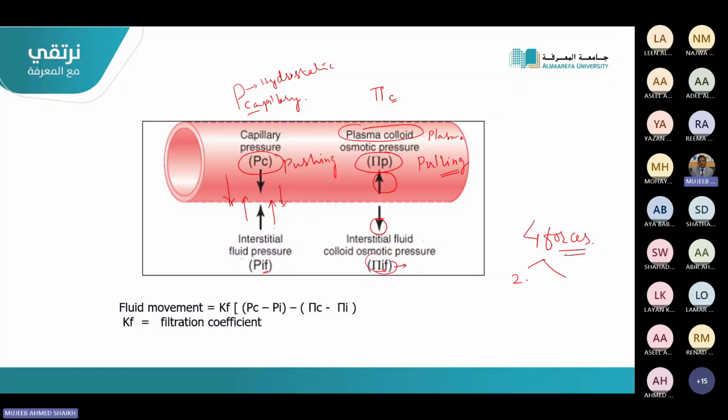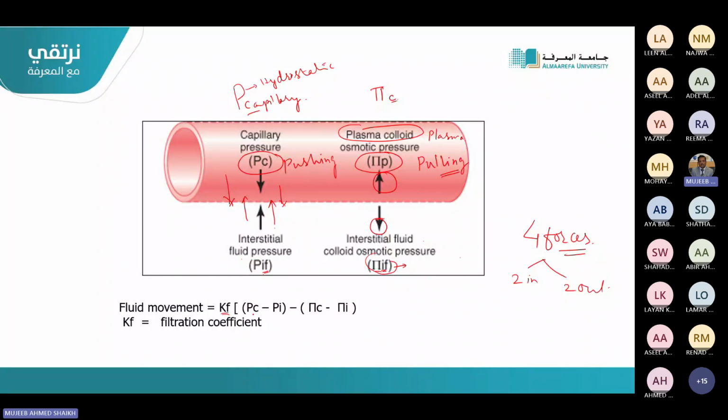Out of that, two are inside and two are outside. Based on these four forces, the water will either go into the interstitium or remain within the circulation. What does this equation say?